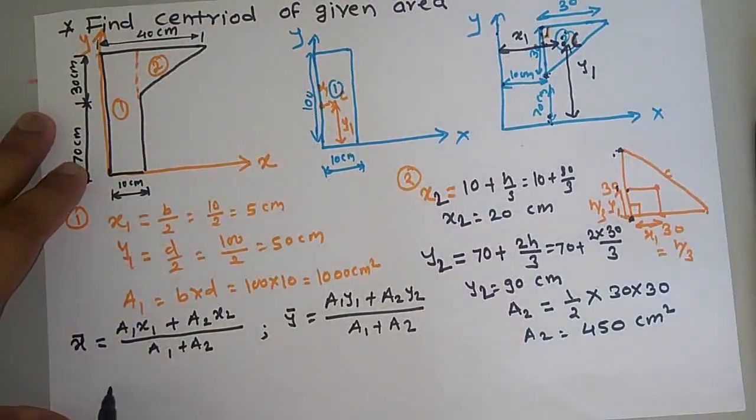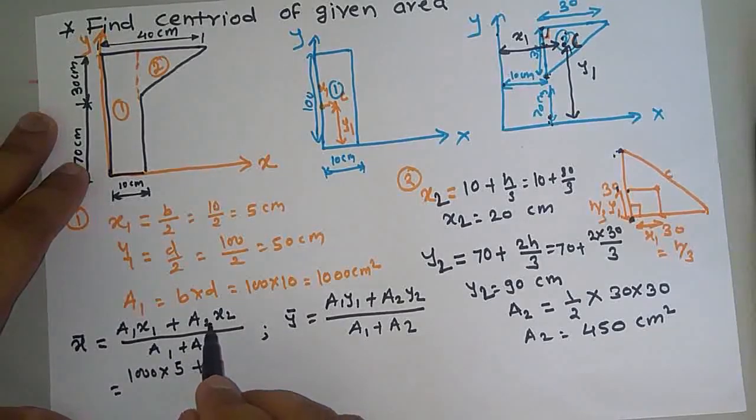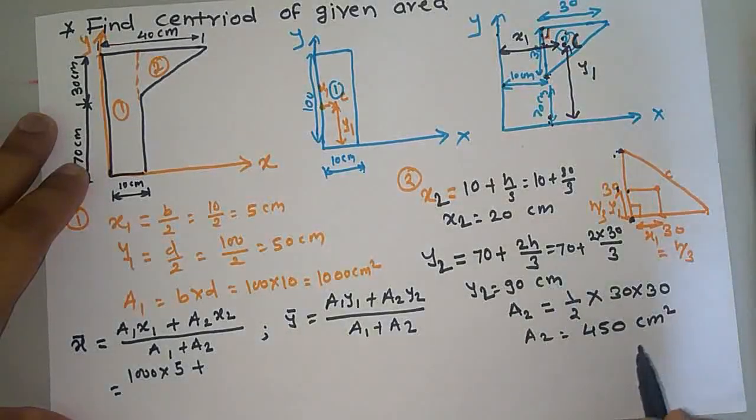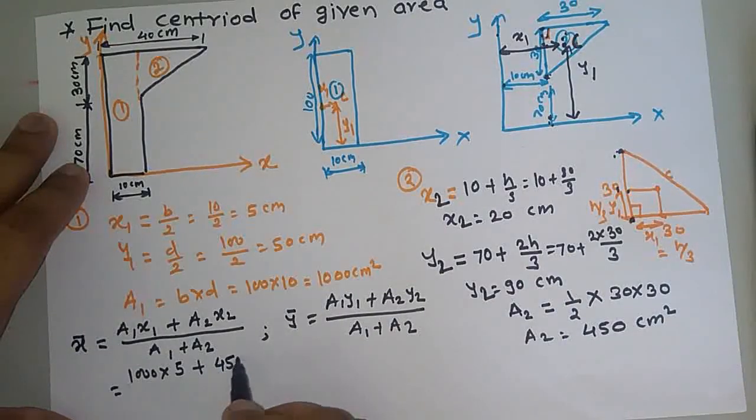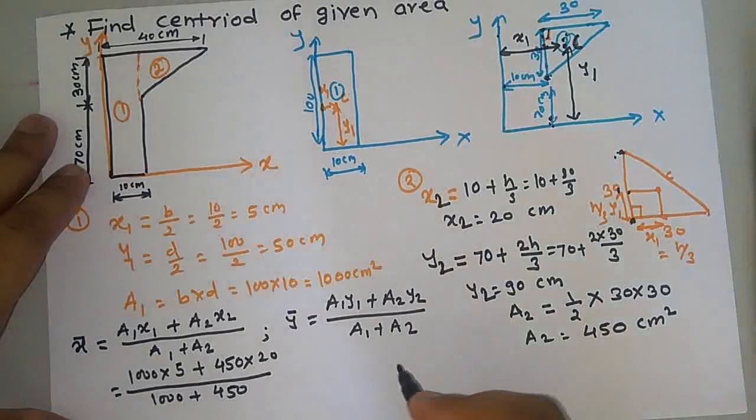Now put the values. What is a1? 1000, x1 is 5 centimeter, plus a2 is 450 and x2 is 20, divided by 1000 plus 450.